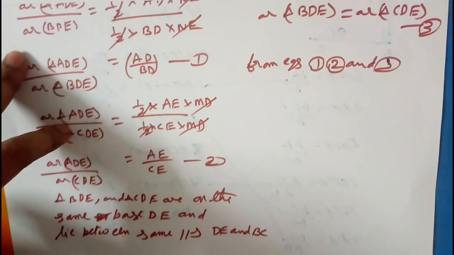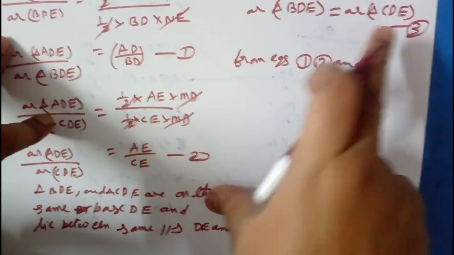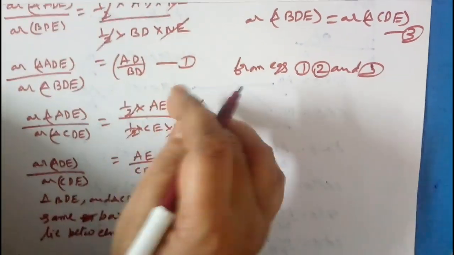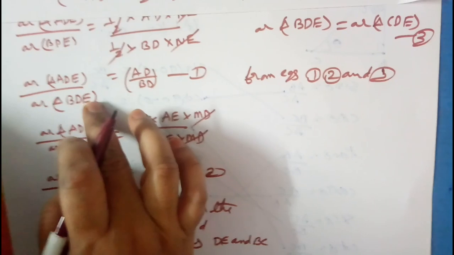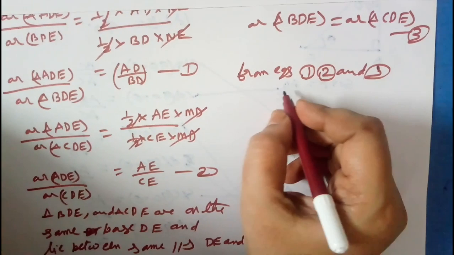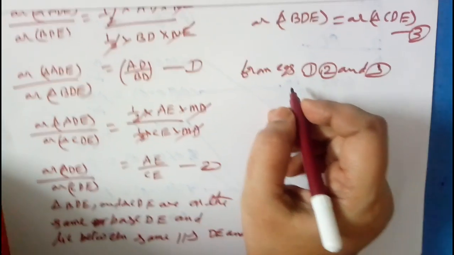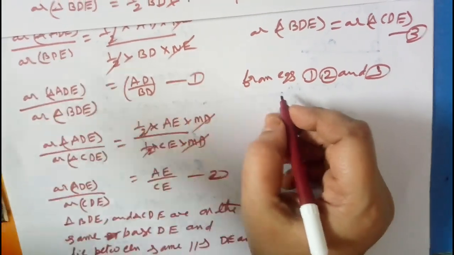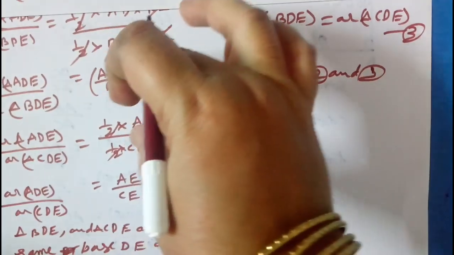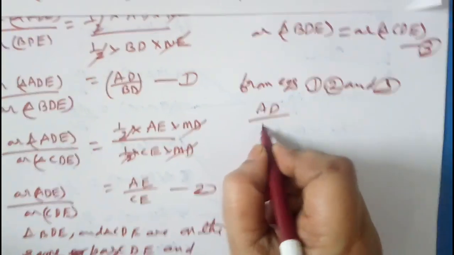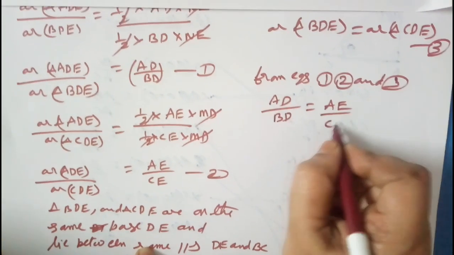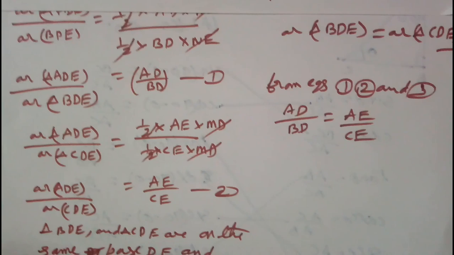Here BDE, CDE also we proved equal. Therefore, area of triangle ADE by BDE is equal to area of triangle ADE by CDE. From equation 1, 2, 3, we can write AD by BD, here LHS parts are equal, we can make the RHS equal. AD by BD is equal to AE by CE. That is required to prove.